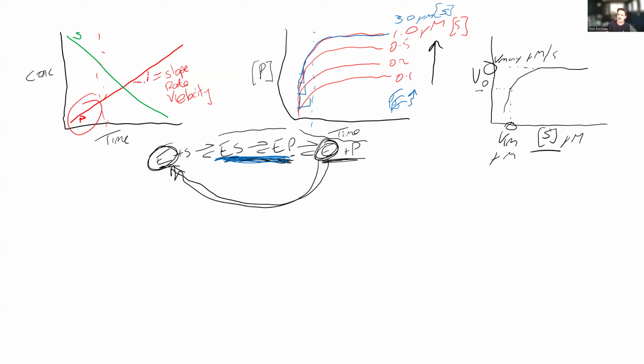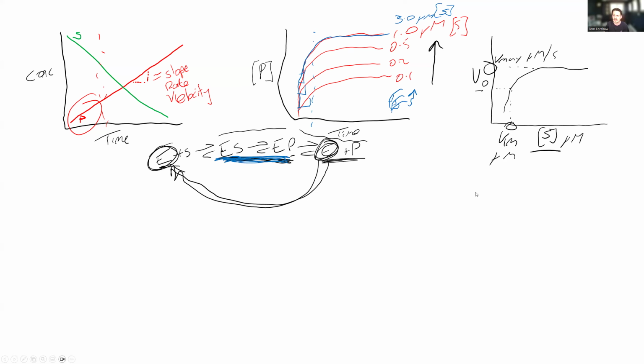If you think of it as just maximal speed, you can say a substrate which requires less to make it hit its maximal speed is a more efficient substrate. The reason we decide to do it with half is that sometimes it's not clear what the maximal speed is. So we look at half maximal speed, and that's often a little bit easier to figure out and a little bit easier to compare.